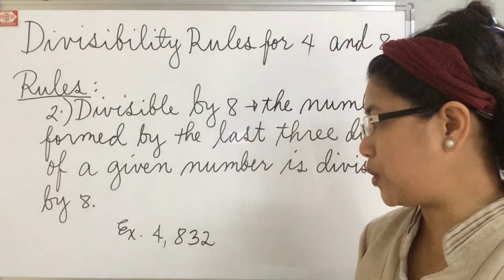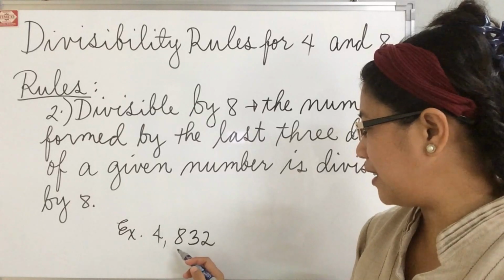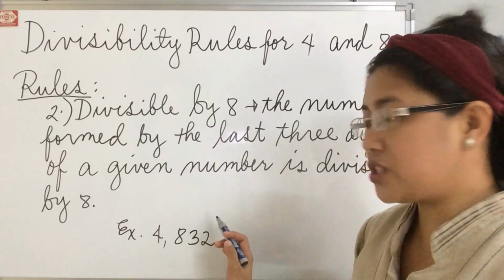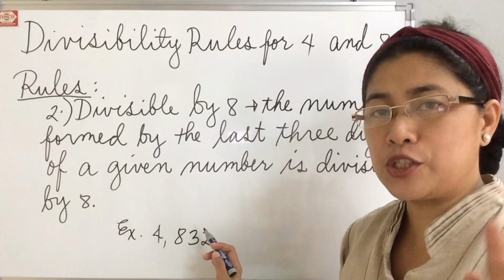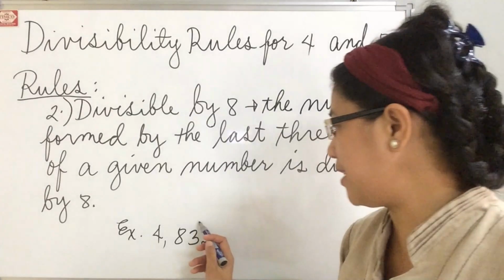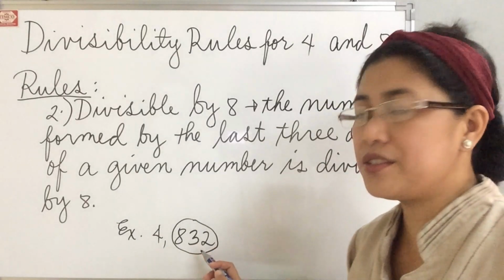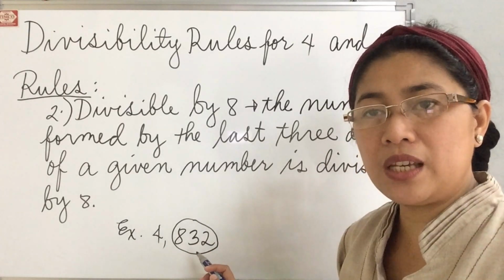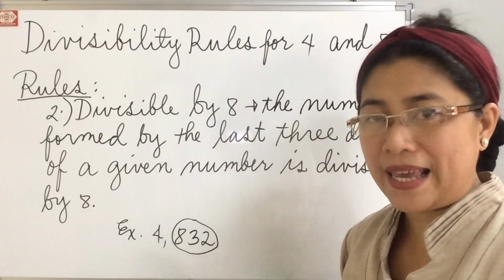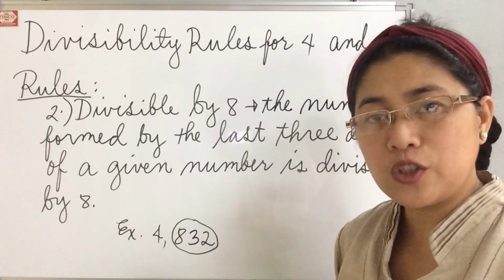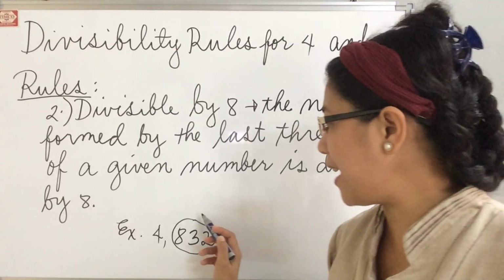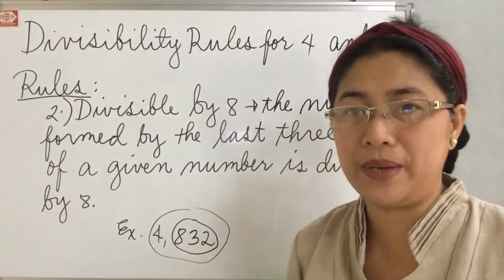Okay. So for example, we have 4,832. So still, we are going to consider the last 3 digits, 832. 832 should be divisible by 8 in order for us to decide if the whole number is divisible by 8.